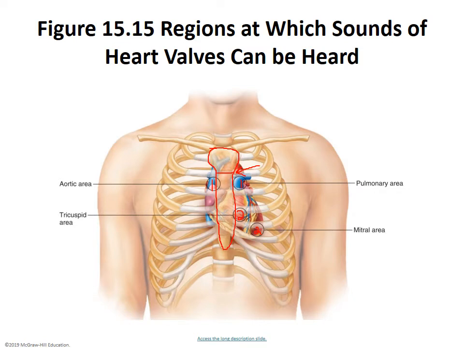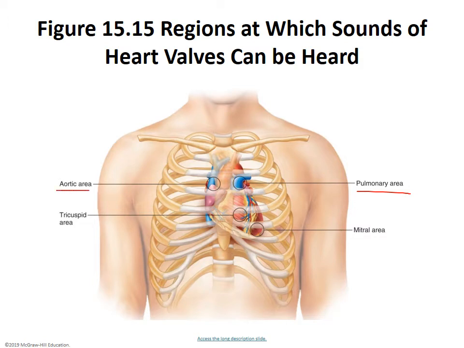Rib 2 comes into here. Rib 3 is here, so this little space in between 2 and 3 is called an intercostal space. Well, that intercostal space on either side of the sternum is where you will hear the semilunar valves.